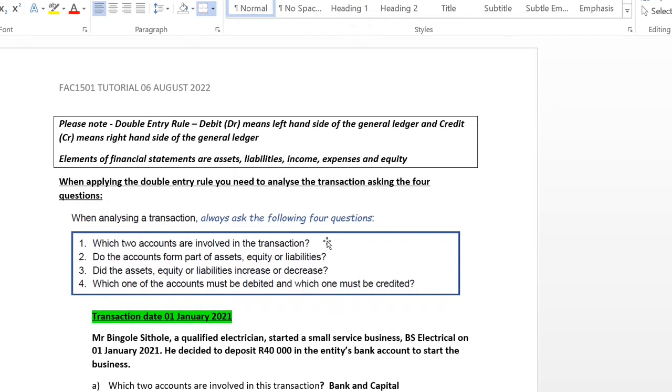So the two accounts involved are sales and bank. Sales forms part of equity, it's income, and bank forms part of an asset.